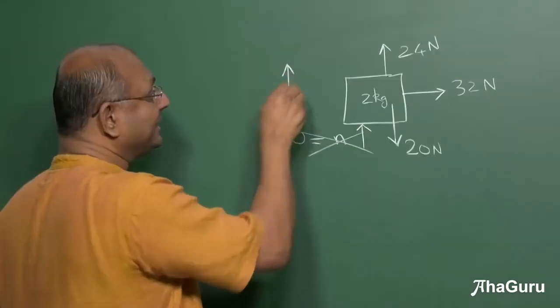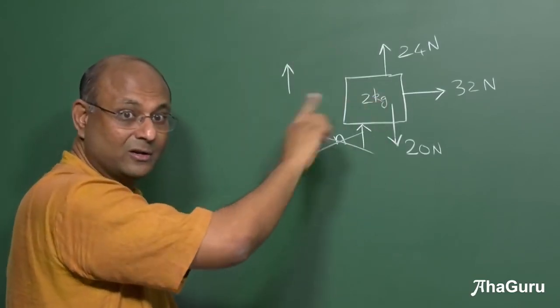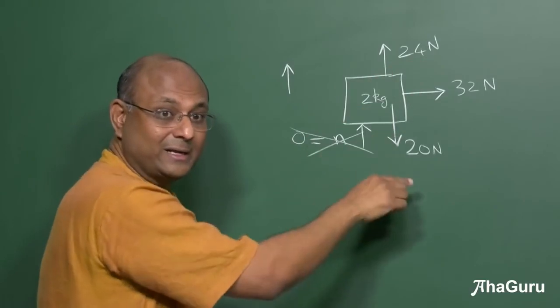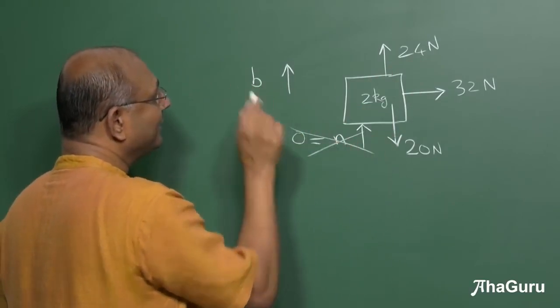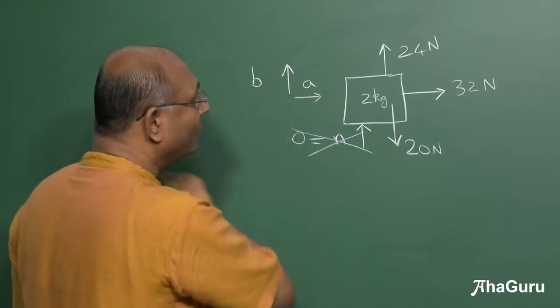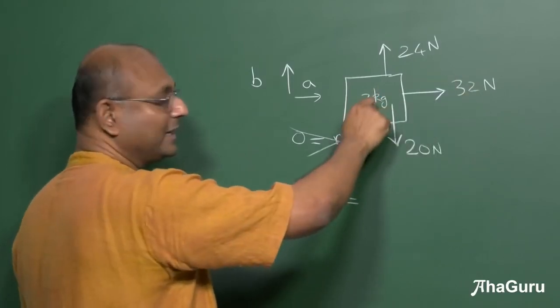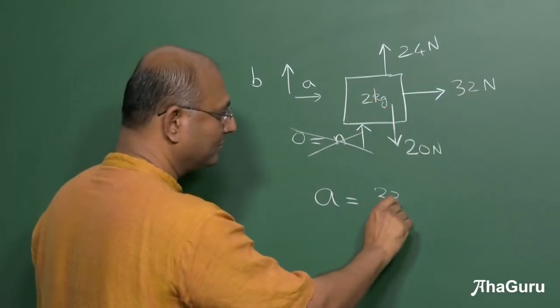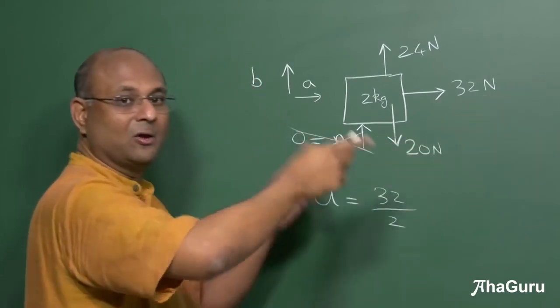Is this acceleration 0? Is the upward acceleration 0? No, because there is 24 minus 20. This is not 0. So I will call this B and I will call this A. Now I can write A is equal to 32 by 2, net force in this direction by 2.